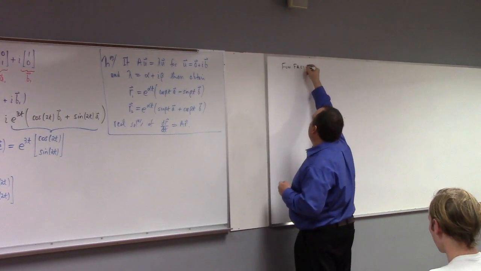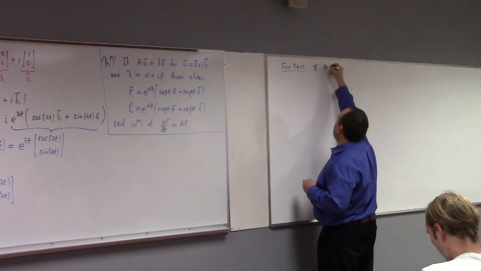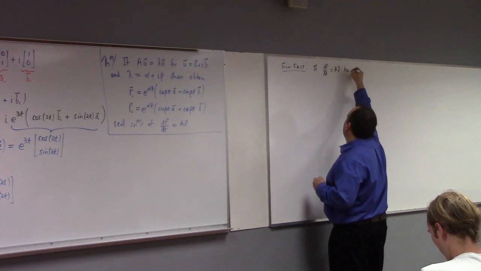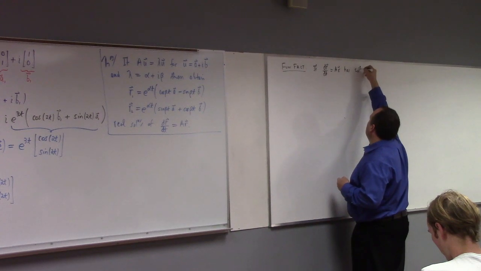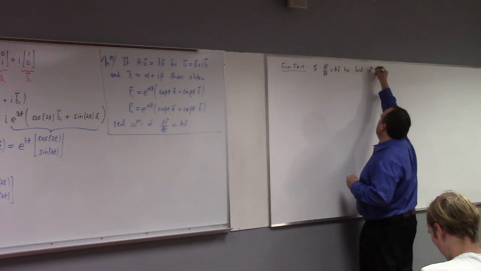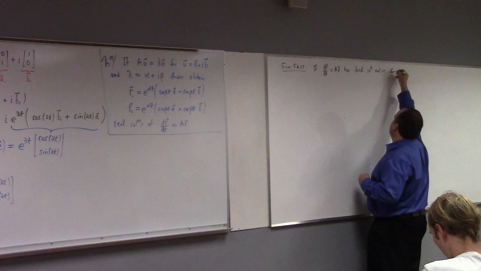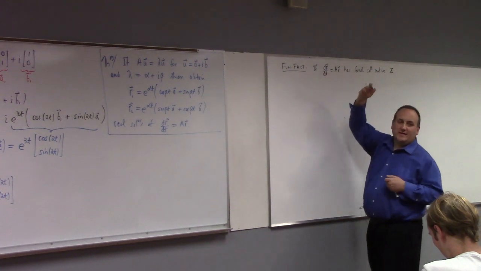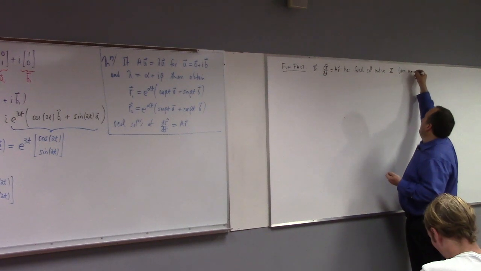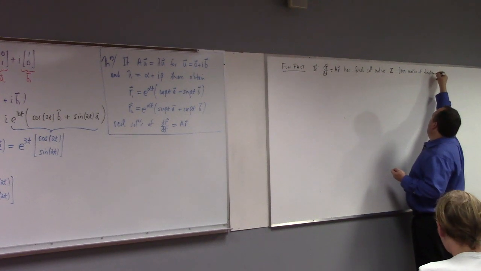So if dR/dt equals AR has a fundamental solution matrix, big X, that's an n by n matrix of functions, usually.